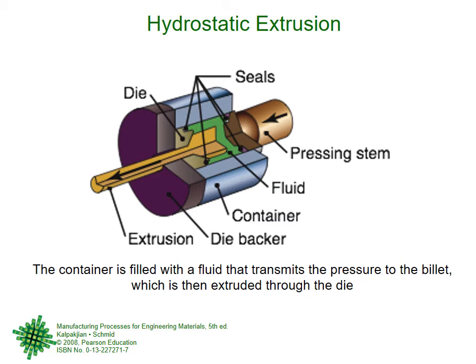Earlier, if you go back to direct extrusion, you will see that the billet material is a round shape and it is directly in contact with the inner wall of the container. You are pressing the material, it is in the container, and later on it is pressed through the die.